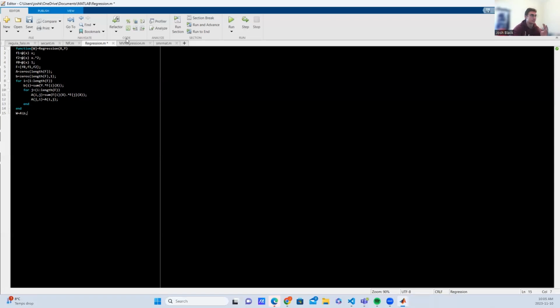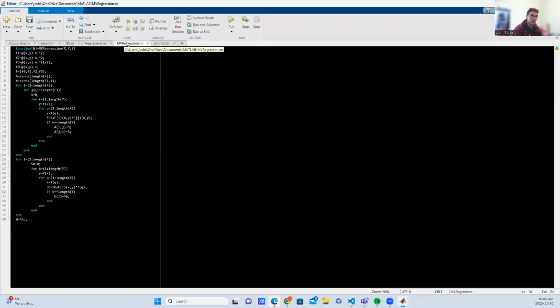That's normal regression. We go over to multivariate regression, and it looks a little bit longer, but essentially is doing the exact same thing. This time we have to put in an x vector, a y vector, and a z vector. Now the x and y vectors are values that are going to be used on the left-hand side, because remember, we have to do 2 sums now. And our z vector is the one on the right-hand side.